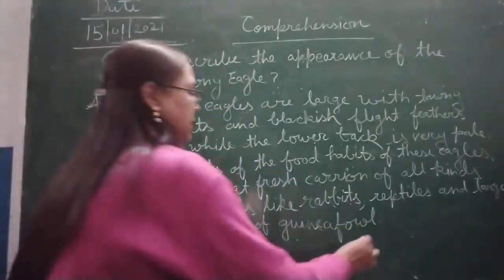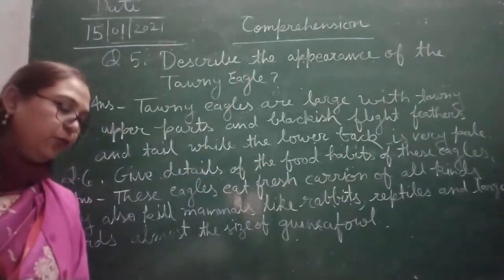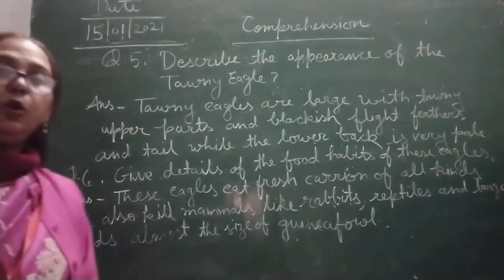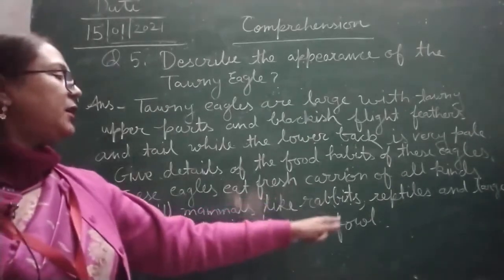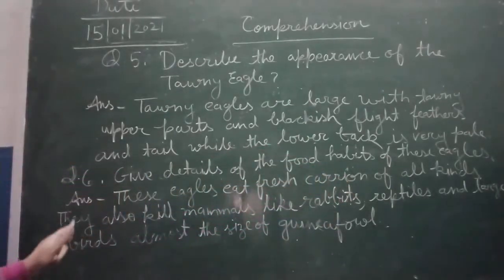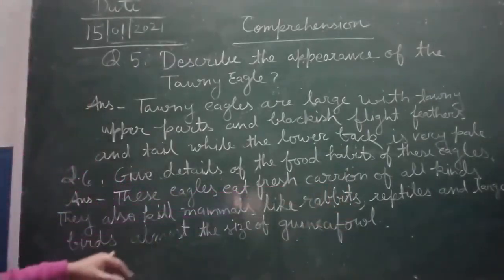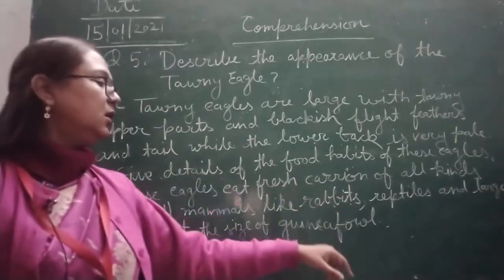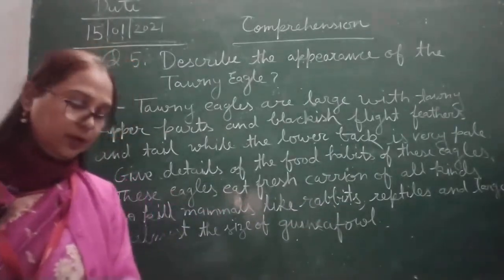So this is the answer we should write. What are the foods the tawny eagles eat? These eagles eat fresh carrion of all kinds. They also kill mammals like rabbits, reptiles and large birds almost the size of a junglefowl. So here we have done it.